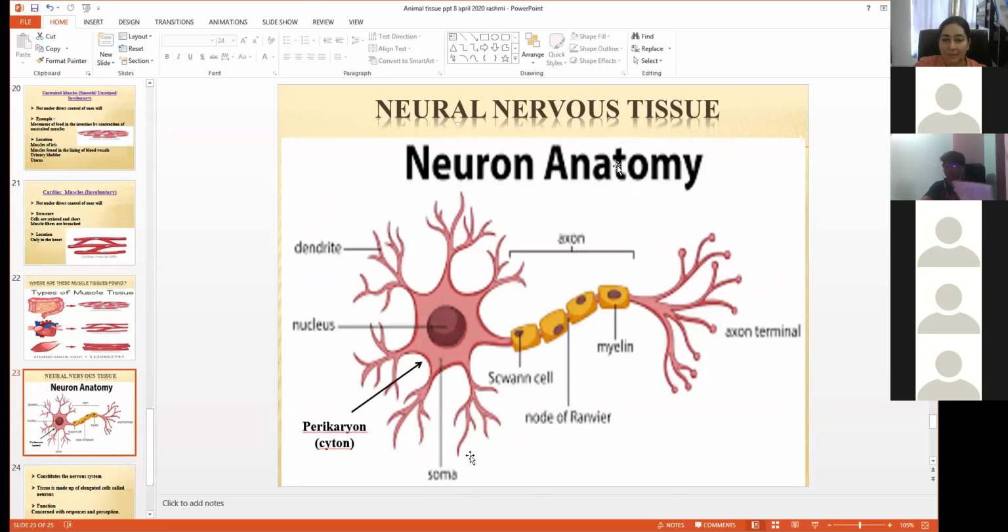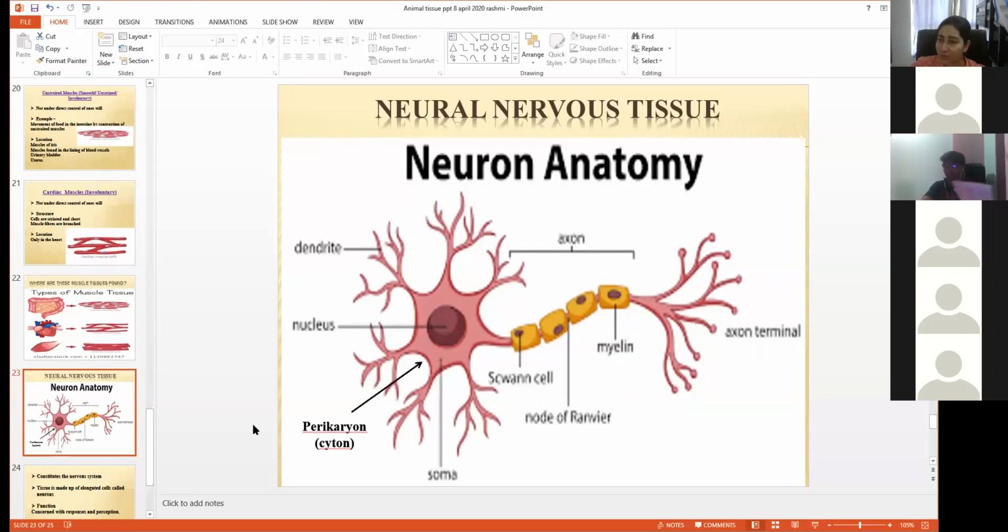Okay. Now I'm going through the parts of the neuron which you need to understand. Now, students, as compared to your earlier knowledge, there is just one addition here. Earlier, we knew what is a dendrite. We knew what is a nucleus. We knew what is an axon, myelin, the Schwann cell, the node of Ranvier, and the axon terminal.